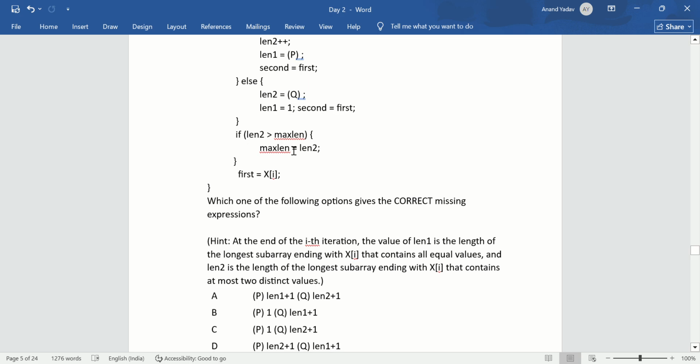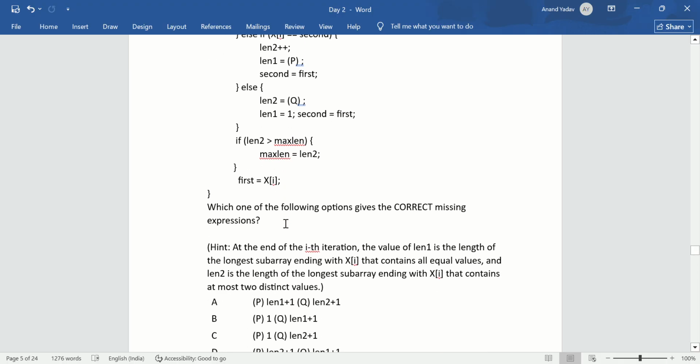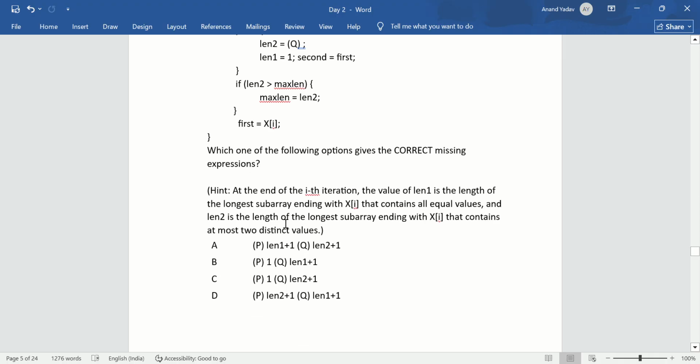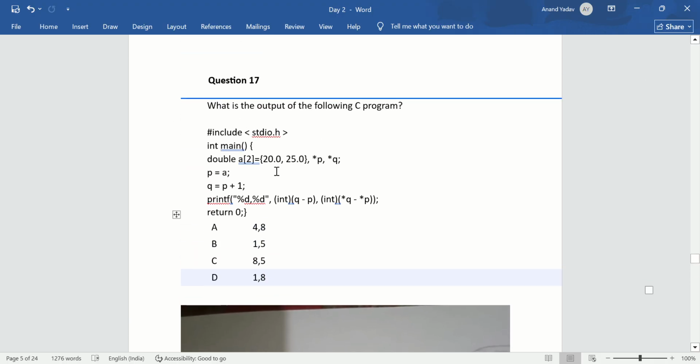In the last step I will check if length 2 is greater than max length, then I will put this length 2 in max length, and every time I put xi in first. So in this way I solve this question. Answer B is the correct option for this question. Now the next question is: what is the output of the following C program?